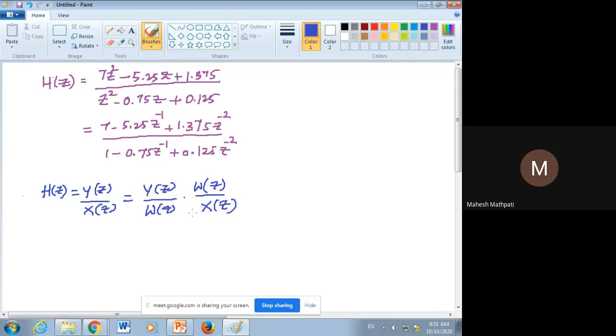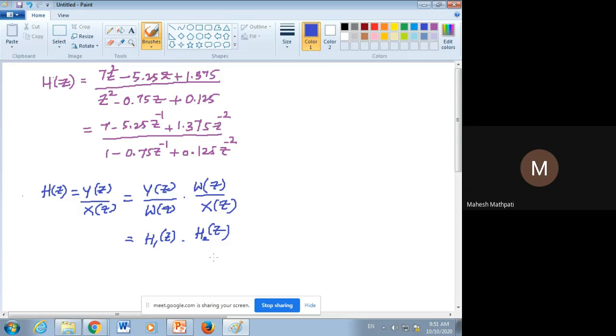So what I did is, I have just taken this equation, divided and multiplied by W of z, whatever you want to call it, and this equals H1 of z into H2 of z. This is what our requirement is.